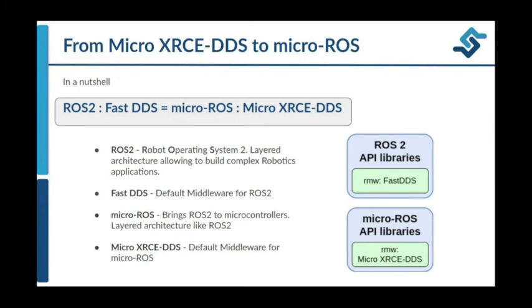In the same way, micro-ROS can be considered as an adaptation of those same layers to low-resource systems and to their needs, having as a middleware interface the Micro XRCE-DDS protocol that we just explained.